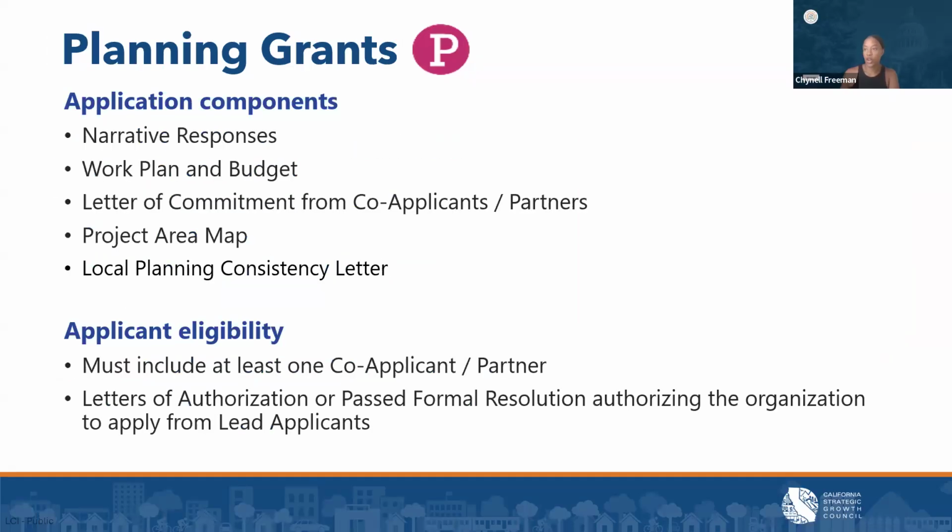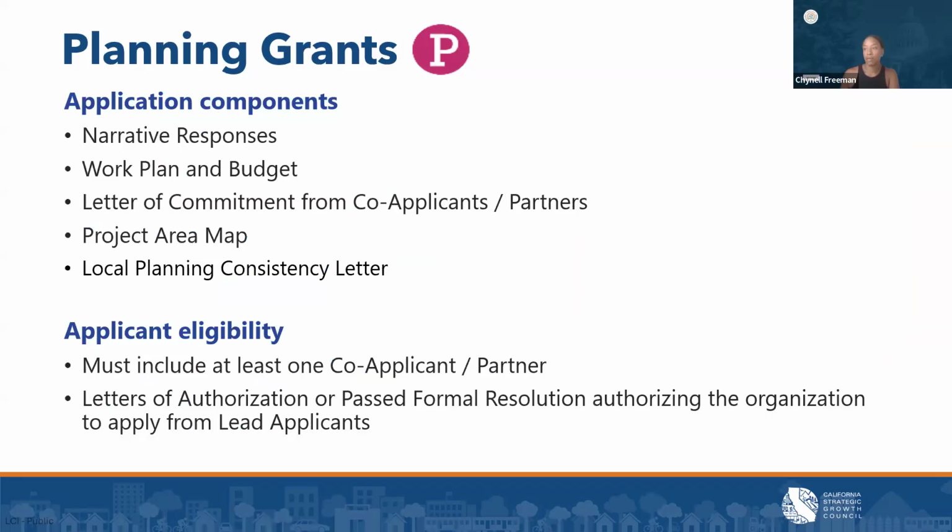Now that we have covered the general purpose of a planning grant, we can dive into the planning grant application components. Planning grant applicants must answer a list of narrative questions with the application on Submittable and provide supporting documentation where applicable.